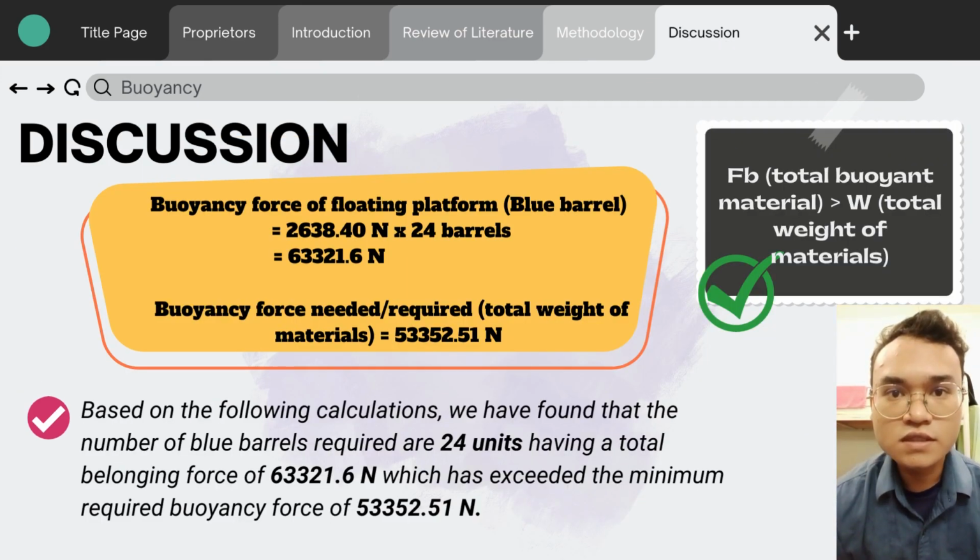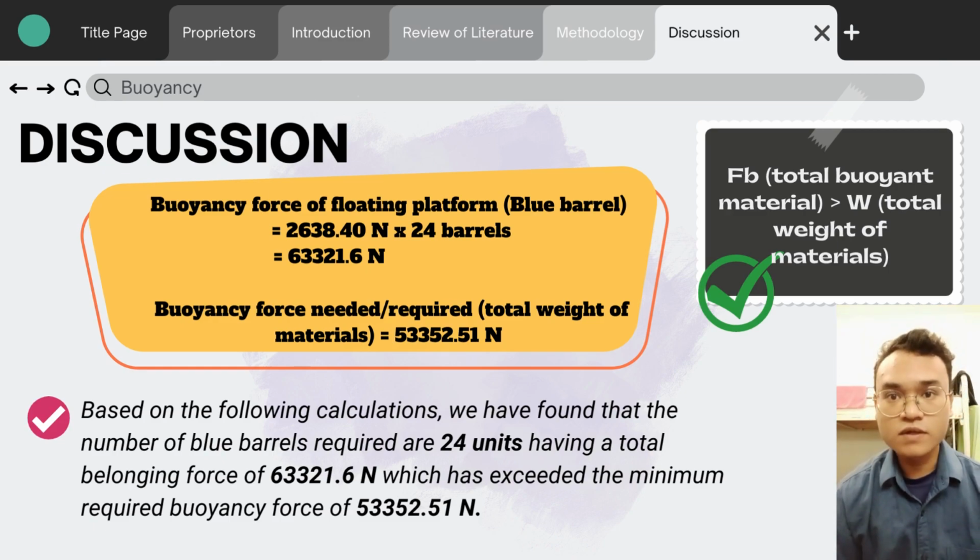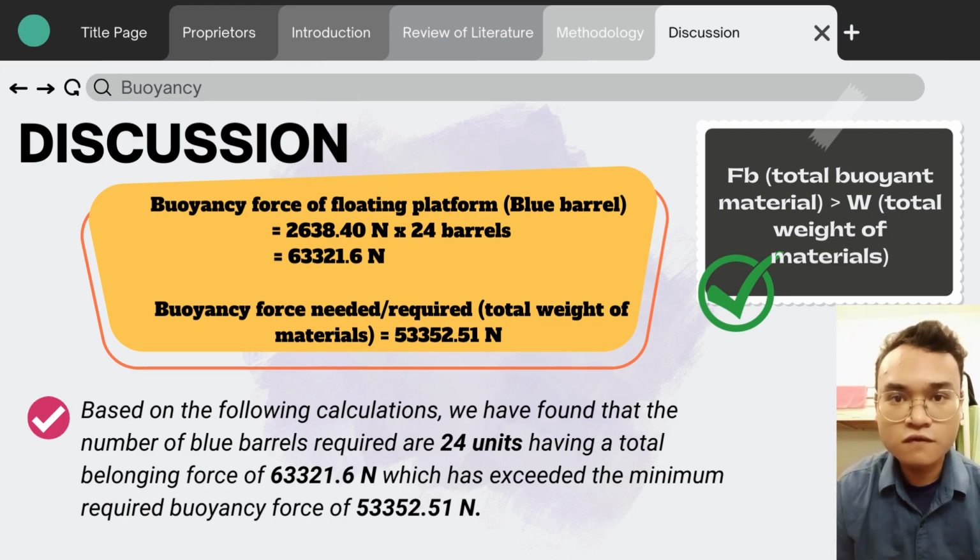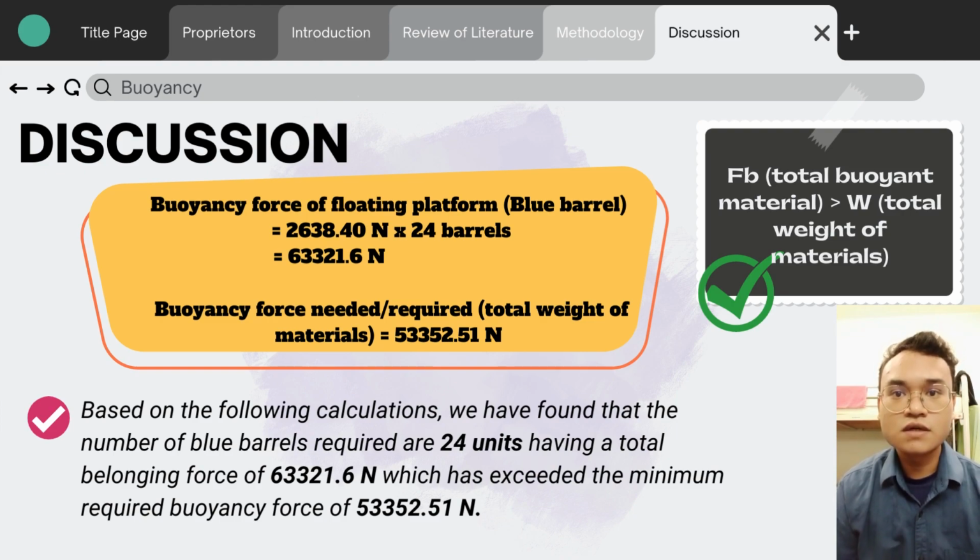So here is the calculation to find the buoyancy force of the floating platform or blue barrels and the buoyancy force needed or required, or the total weight of materials. First, to find the buoyancy force of the floating platform, we need to find the buoyancy force of one barrel, which is around 2,638.4 Newton, and then multiply by the number of barrels that our raft house design uses, which is 24 barrels.